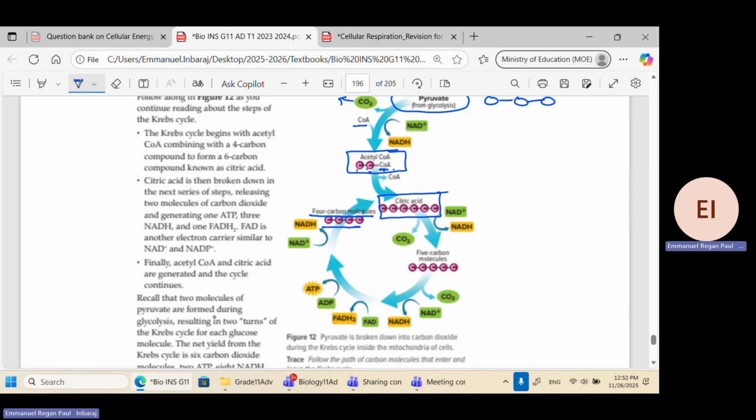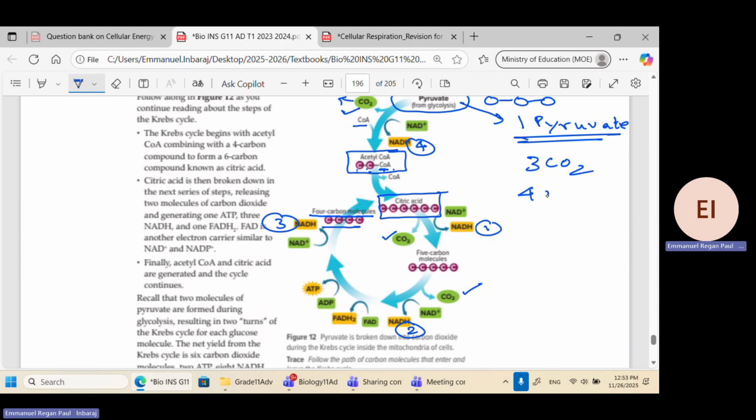Now look carefully. How many carbon dioxides are released? 1, 2, and then 3. So 3 CO2. We are talking about only one pyruvate. So in one pyruvate, 3 carbon dioxide. Now how many NADH? 1, 2, 3, and here again 4.